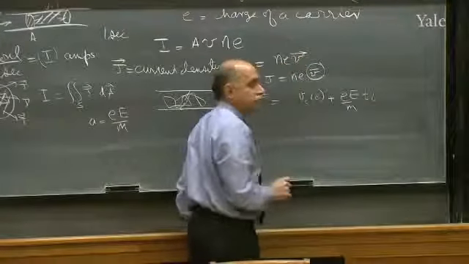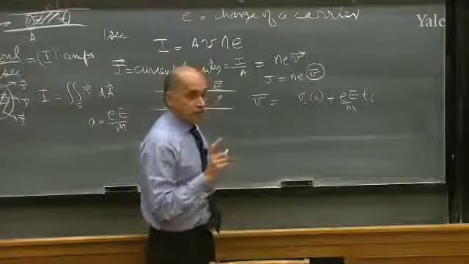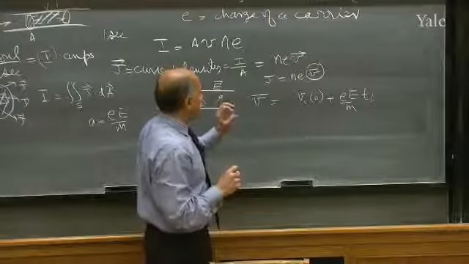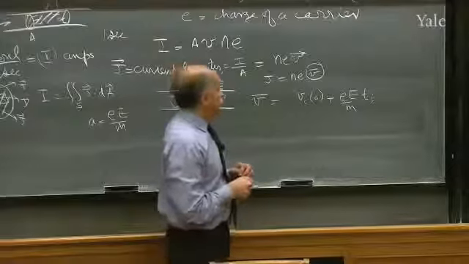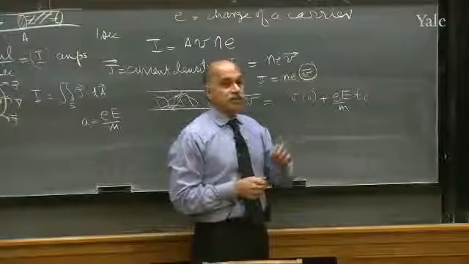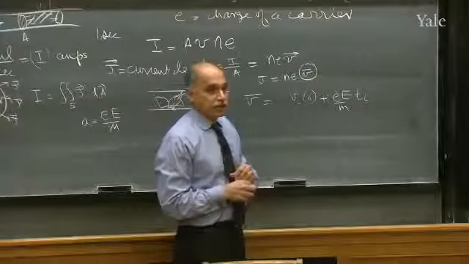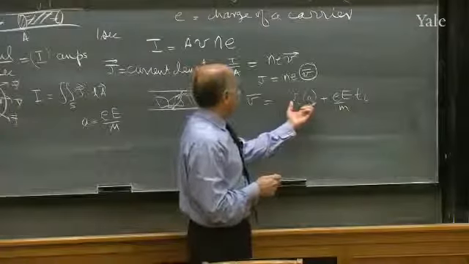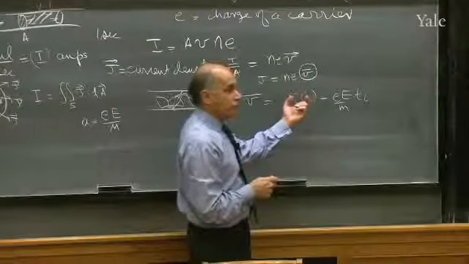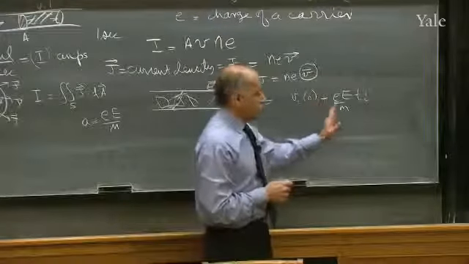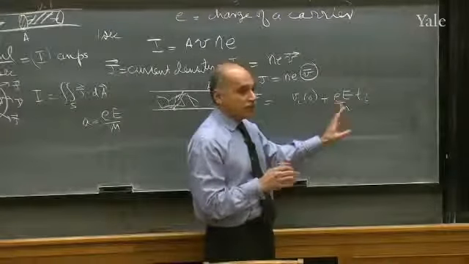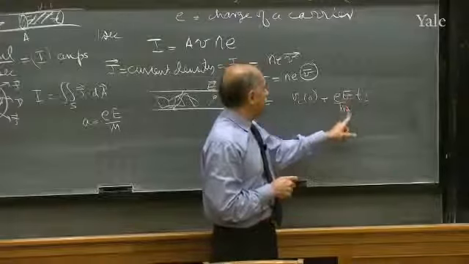In other words, let me explain to you slowly what I mean. Take particle number I. Let us say it has been Ti seconds since it had its last collision. So just after the collision, it has got an initial velocity, which is completely random. But since that thing, because the electric field has been accelerating, it has not collided with anything yet, so its velocity will be E over m times Ti.